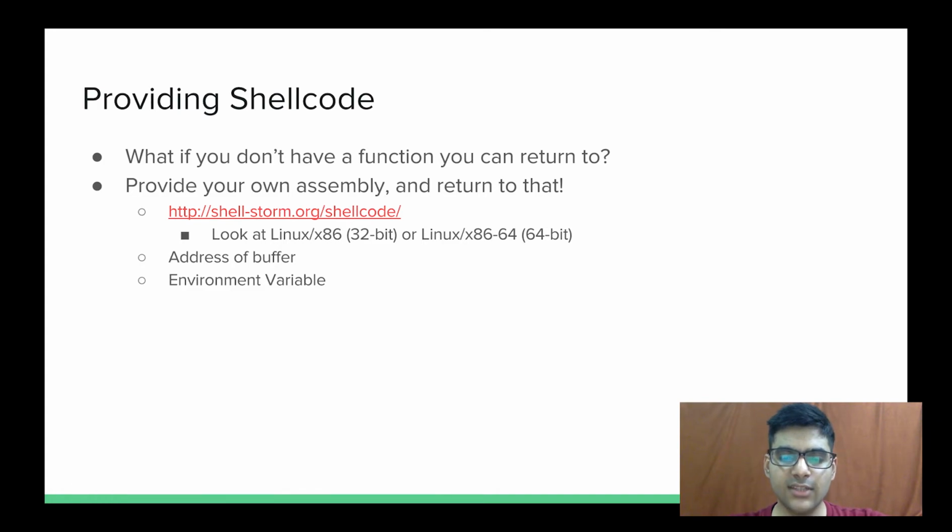So how that is done is you first write assembly code, which depends on what computer or what format the binary is, or what machine you are running it on.